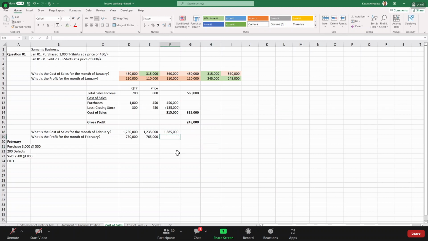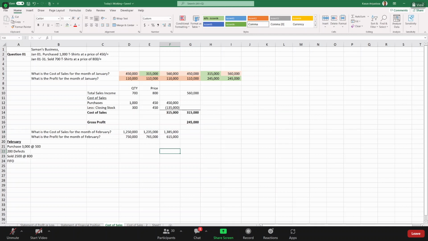Profit of the month is 615,000. Right. I considered the previous stocks are not sold out. I considered the stocks, but I considered those were not sold out.